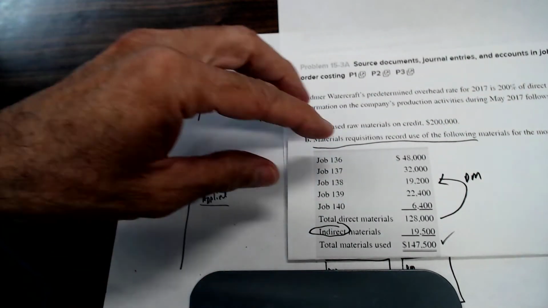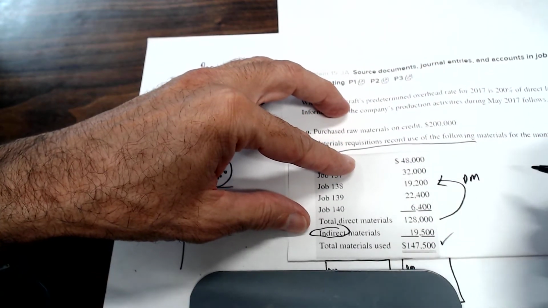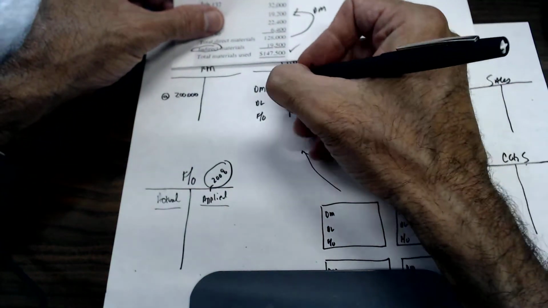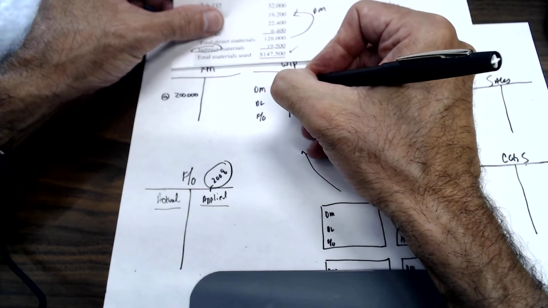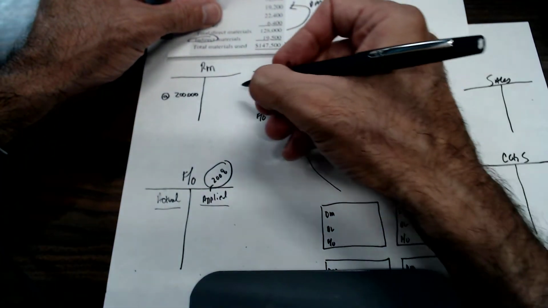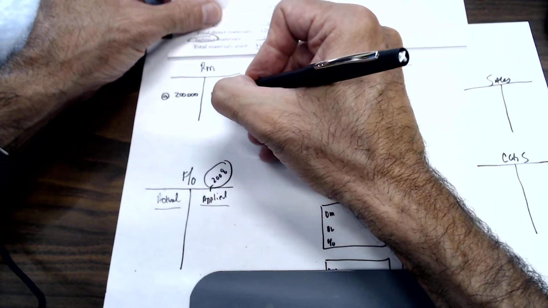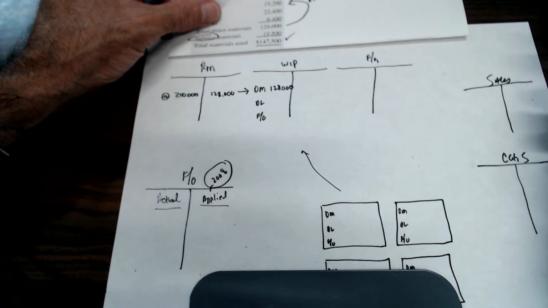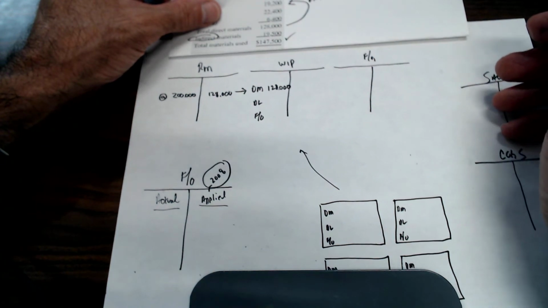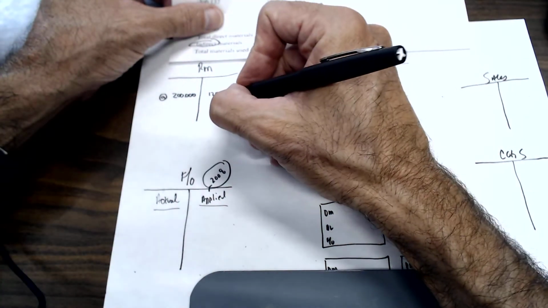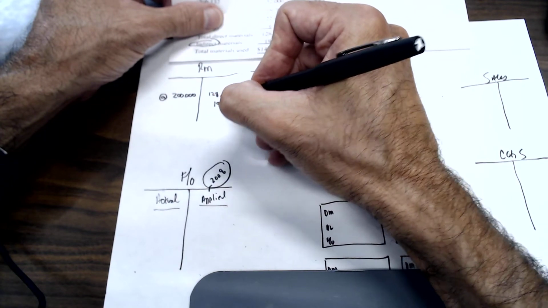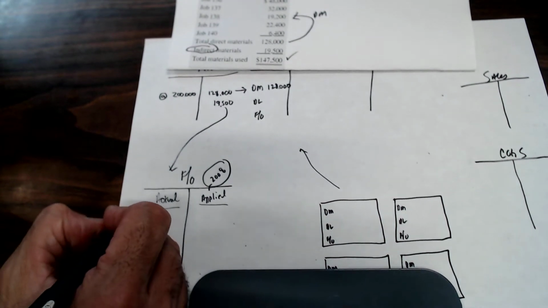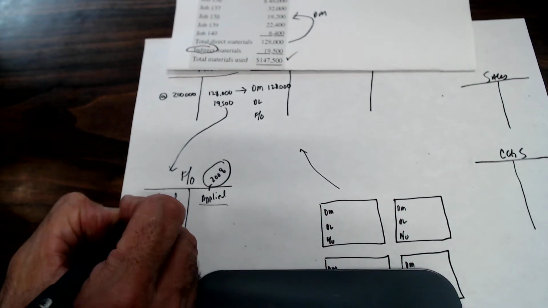Now the authors actually do it in two separate entries. Let's do the direct materials first. 128,000 of materials was taken for direct materials, and 19,500 were taken for indirect materials.